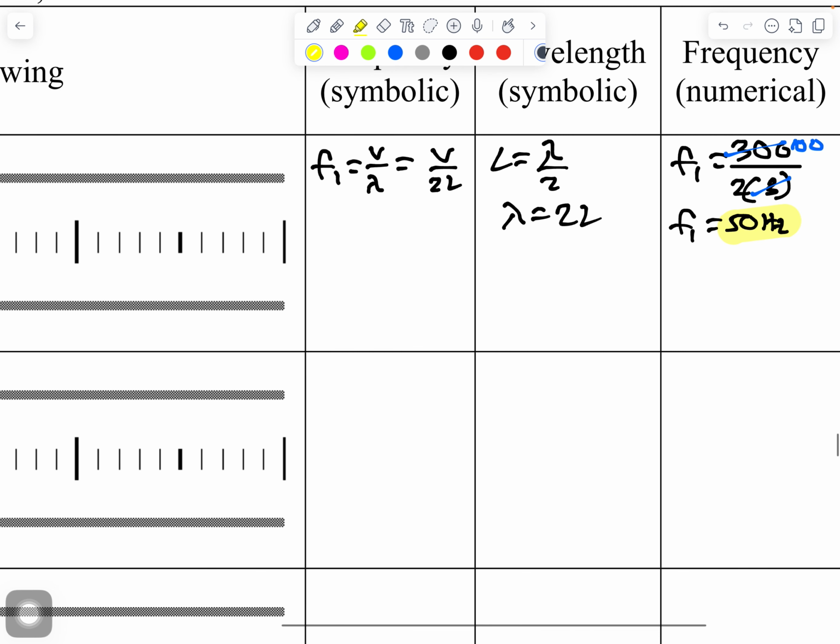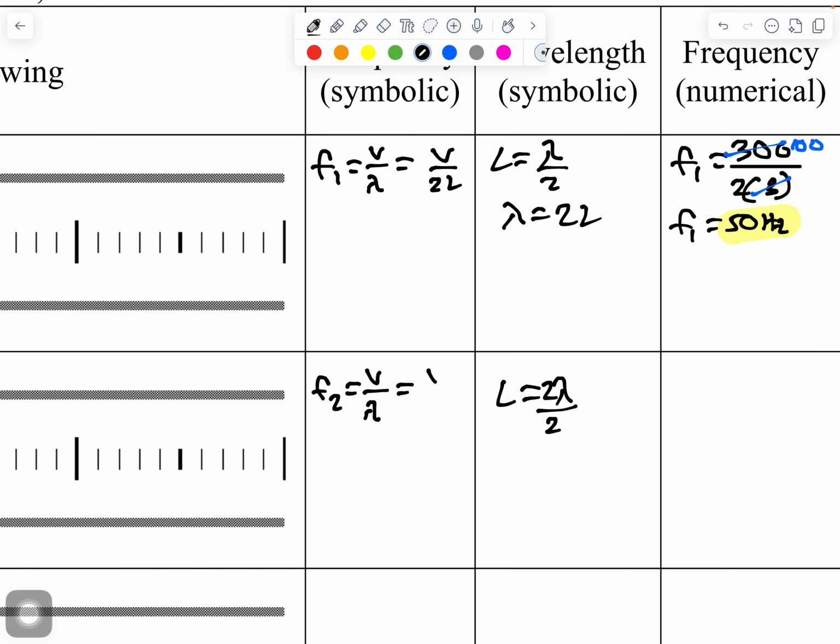Okay, for the next one, the length is equal to the wavelength, which I'm going to write as 2 lambda over 2. You'll see why I'm doing that in a second. So the second harmonic, V over lambda, but if I multiply both sides by 2, it's V over 2L over 2, which is the same as 2V over 2L.